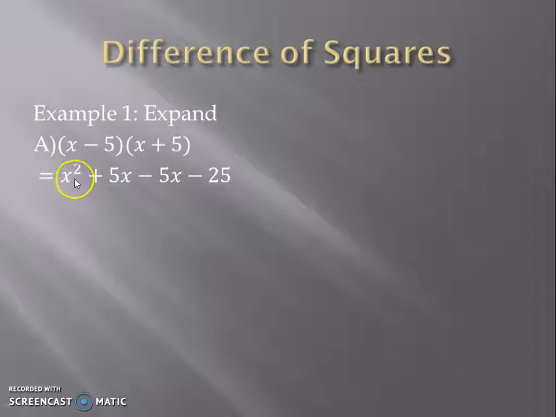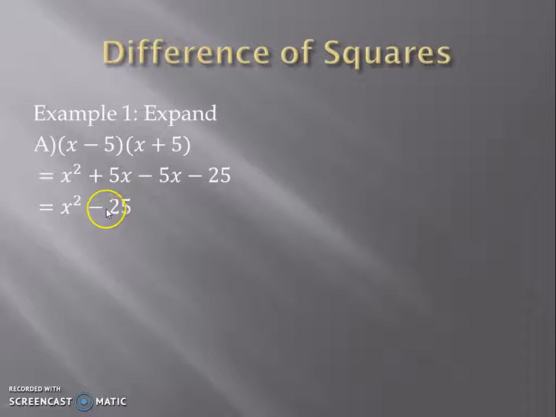So it would look something like this, and then you would have to simplify this down a bit, because as we see right here, we see a 5x and a negative 5x. So we would just do 5x plus negative 5x, or in this case 5x minus 5x, and we would get x squared minus 25.